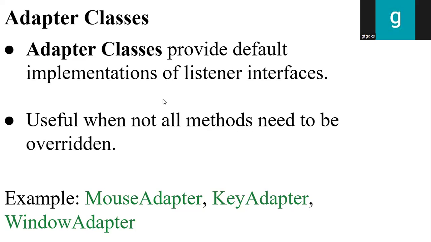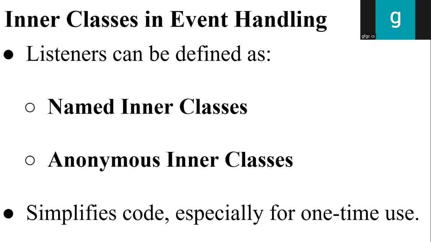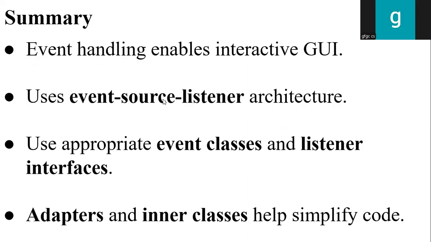But in my particular application, I want to use only one method, like mousePressed. Then I have to use the adapter classes. Inner classes in event handling: listeners can be defined as named inner classes and anonymous inner classes. It simplifies the code, especially for one-time use.